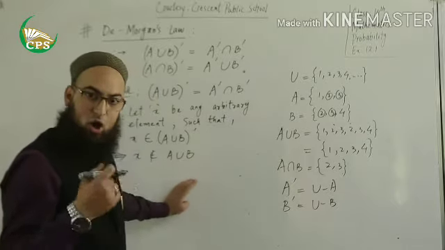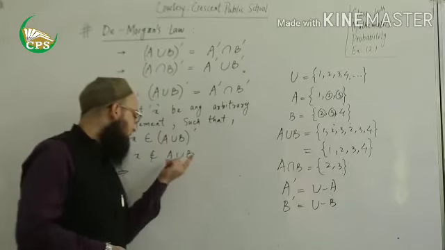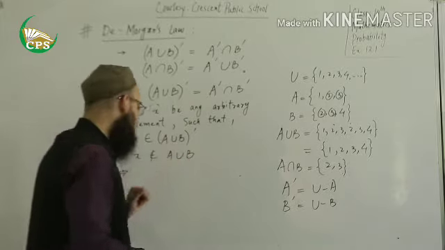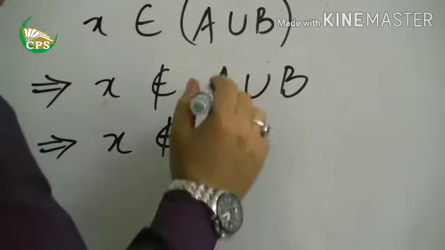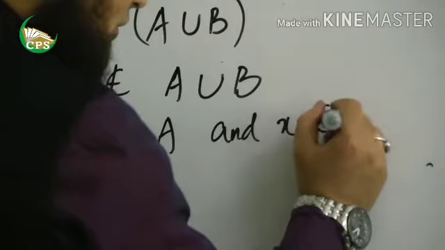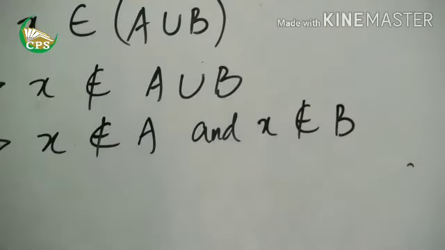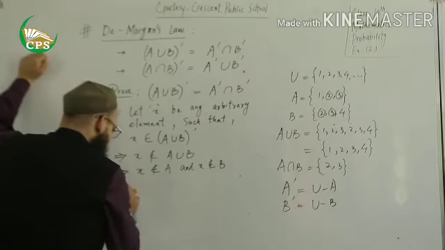If it is in A or B, it would surely have been in the union. So it's neither in A nor in B, which implies that X does not belong to A and X does not belong to B.